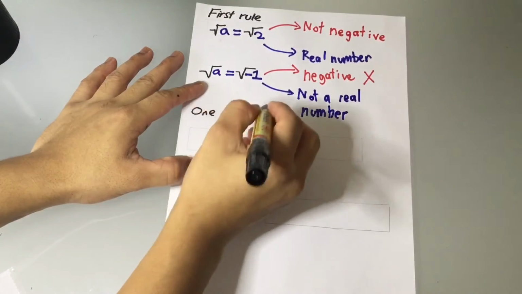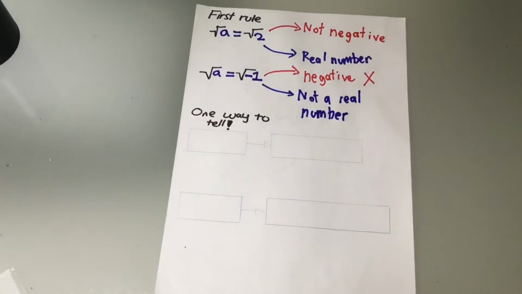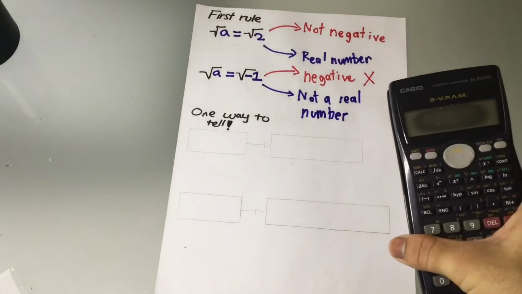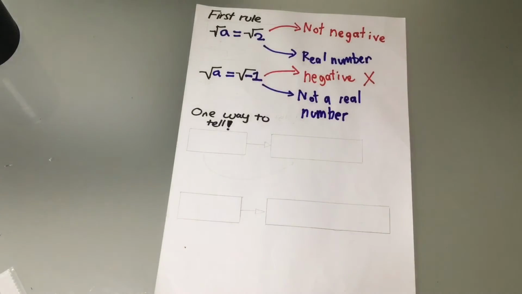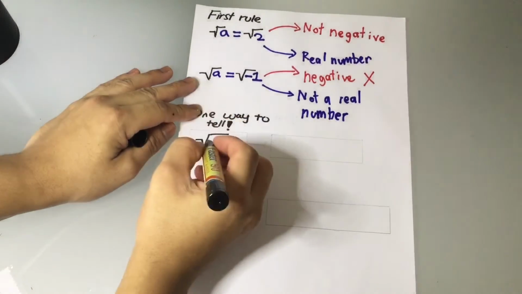Well, there's clearly one way to tell if this is the case. How do we do that? We can simply use a calculator, which I'm going to do right now. Let's start with square root of negative 1.